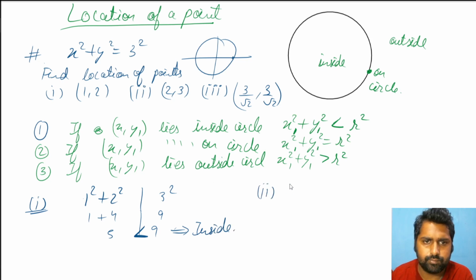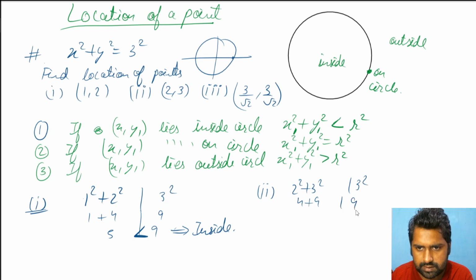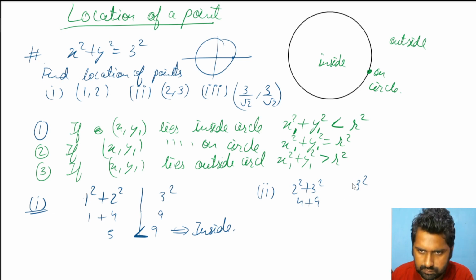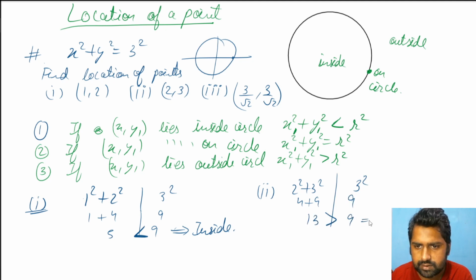Second one, (2, 3): 2 square plus 3 square, which is 4 plus 9, so 13, and the right side is 9. Clearly this one is greater, so the point is outside the circle.